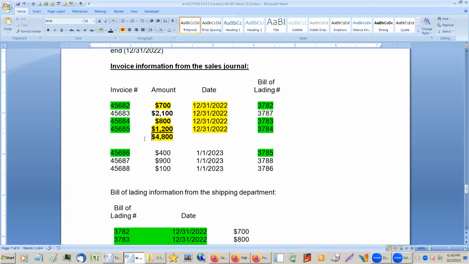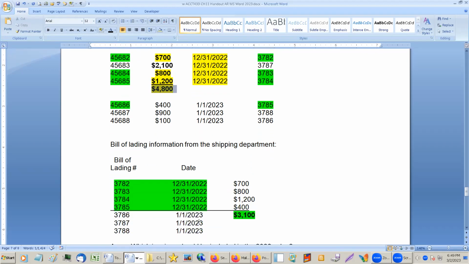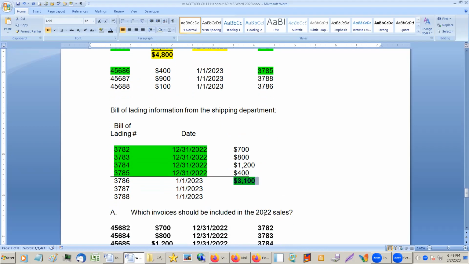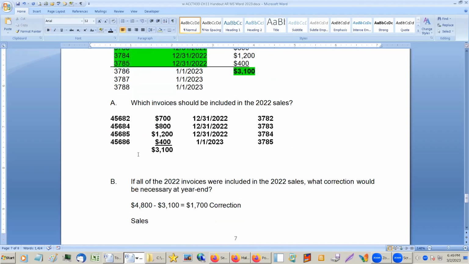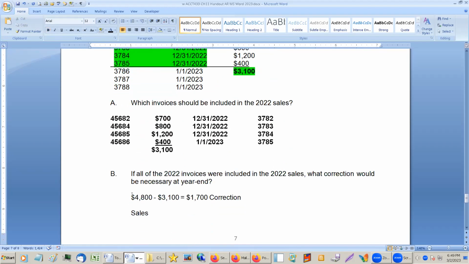So the sales journal, they recorded 4,800. They should have only included 3,100. And so the difference between those. So this is a sales journal. And these are the bills of lading. Let's highlight that.